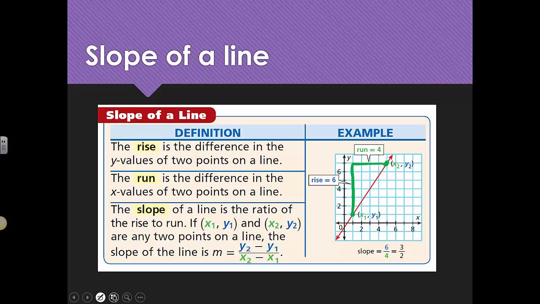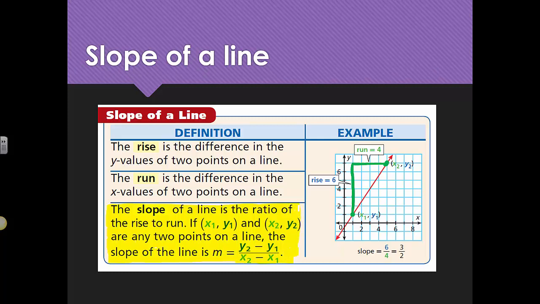Now there's one important formula here that I want to make sure that I highlight, and that is the slope formula. To find the slope of a line, that ratio of rise to run, if you have 2 points, x1, y1 and x2, y2, that are on your line, you can compute the slope simply by doing y2 minus y1, subtracting the y coordinates, over x2 minus x1, subtracting the x coordinates.